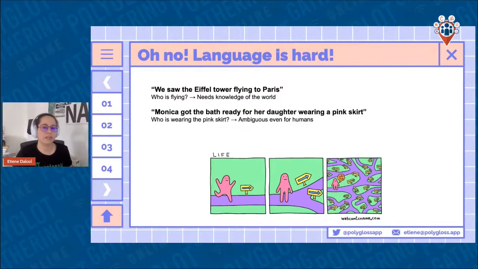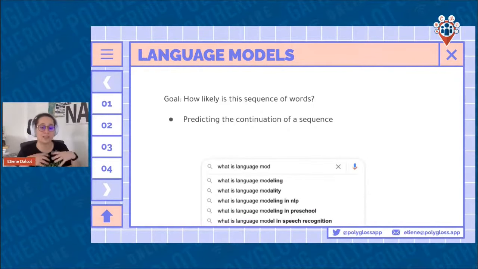One way of dealing with that is through statistics and through language models. So what is a language model? A language model is a statistical tool with one goal, to answer this one question: how likely is a sequence of words?